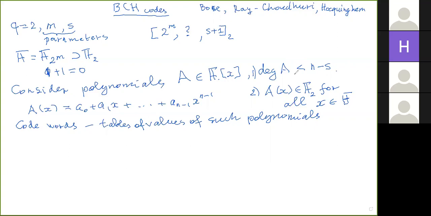And I will start with the well-known thing that each polynomial, assuming that we consider polynomials of the maximal possible degree, n minus 1, so s is 0, then we have a one-to-one correspondence between polynomials and their values.